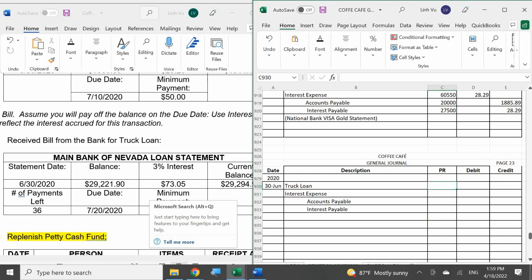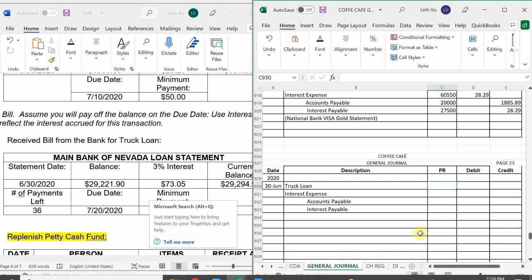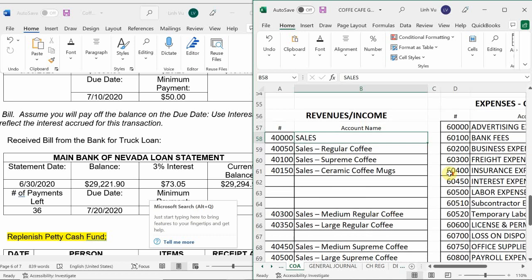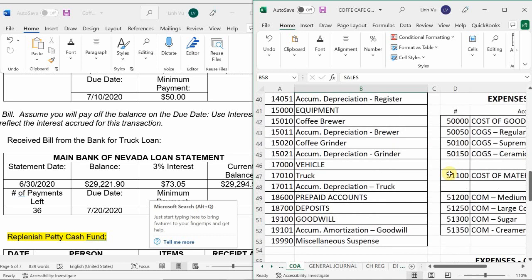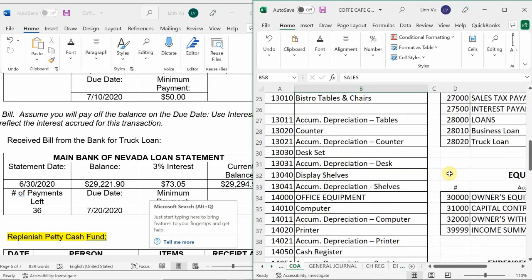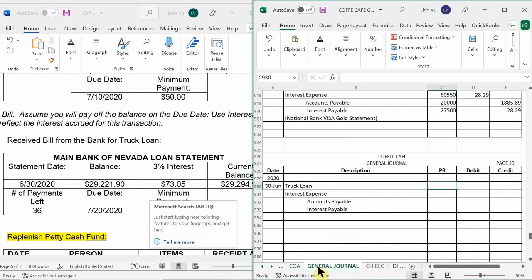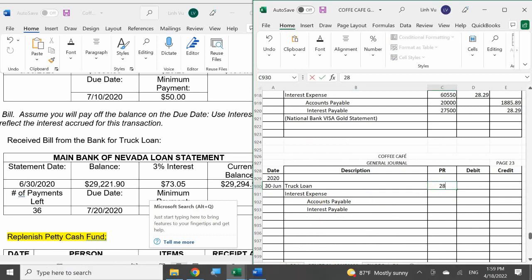So in this case, my truck loan, what are my account numbers for these? So truck loan, $28.20. Interest expense was $65.50.